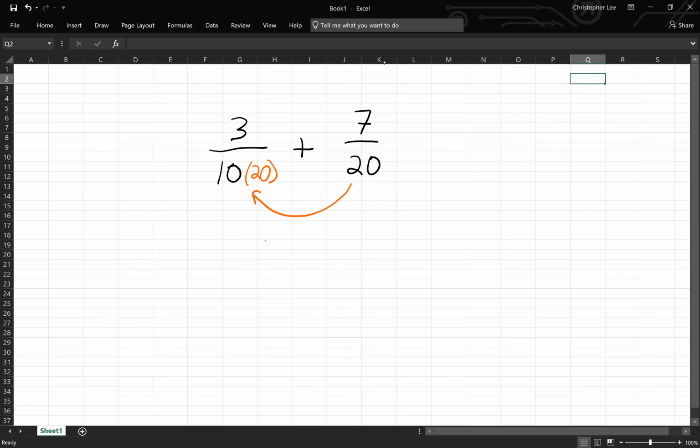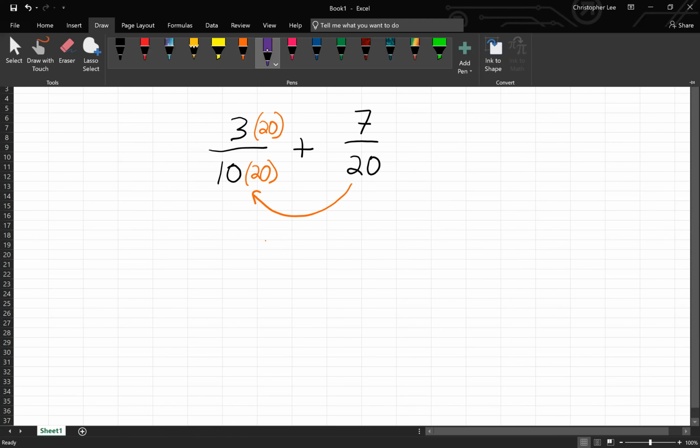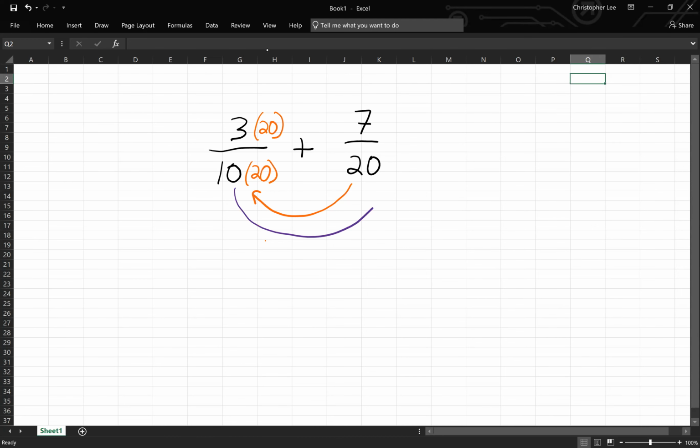But what I do to the bottom, I gotta do to the top. And then vice versa, that 10, I'm gonna multiply over here. So I'm gonna multiply this 20 by 10. What I do to the bottom, I gotta do to the top.